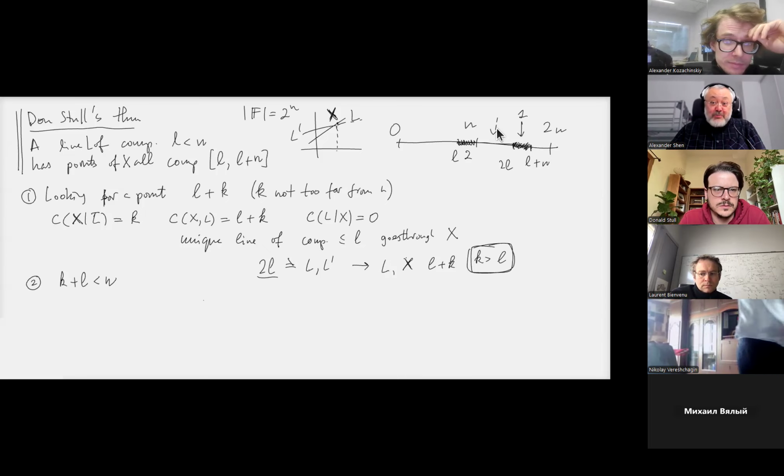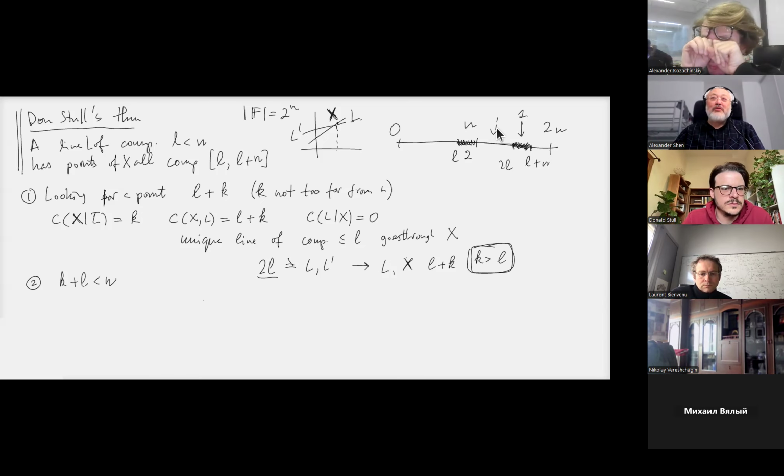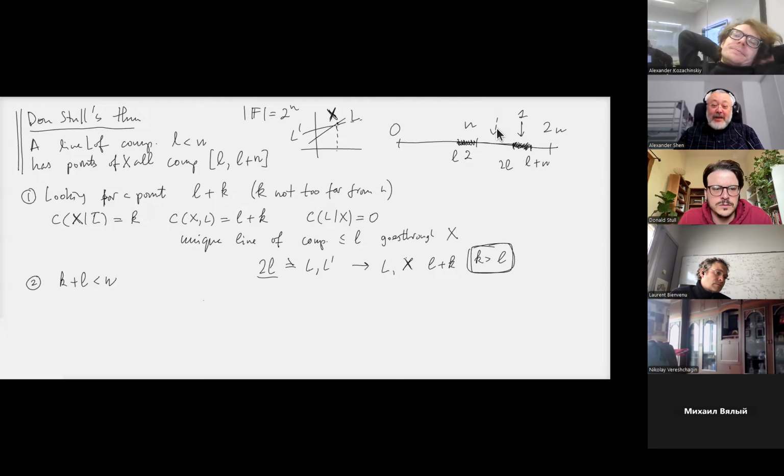So there are two regimes when... no, actually, if L is smaller than N/2, then these two cases cover all possible cases. But if L is closer to N, then there is a third case. Okay. And so what to do if k plus L is smaller than N?